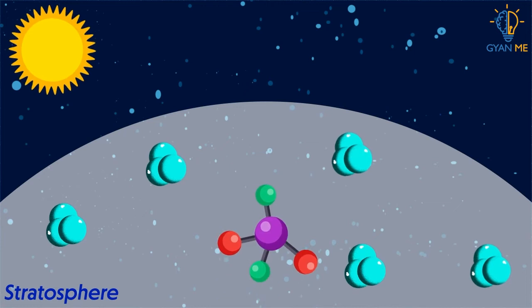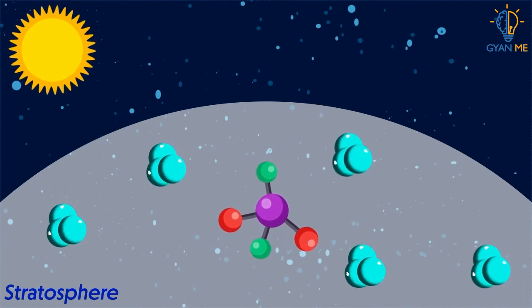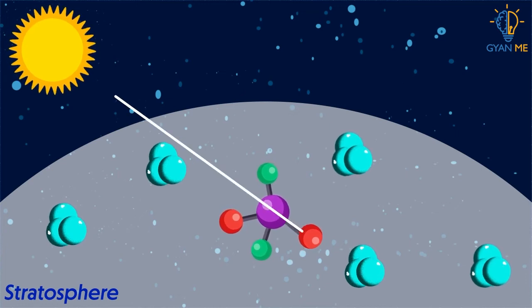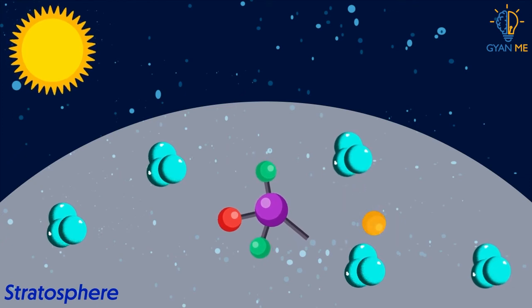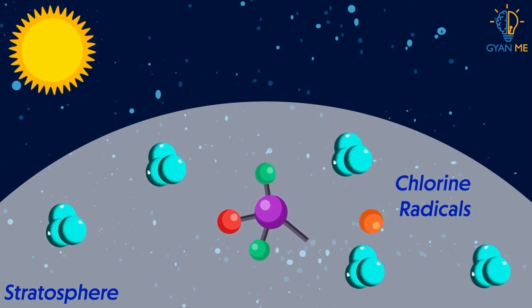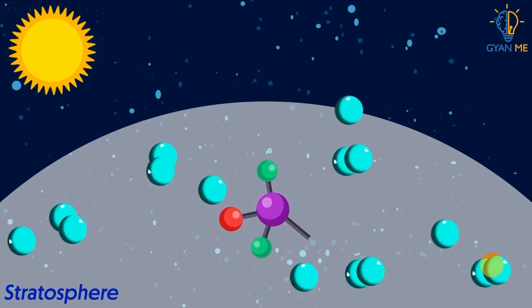As these CFCs reach the stratosphere, the sun's UV rays break them down into substances that include chlorine. After this, chlorine gets separated from these compounds and forms chlorine radicals. These chlorine radicals are extremely reactive and have high capacity to break ozone molecules.